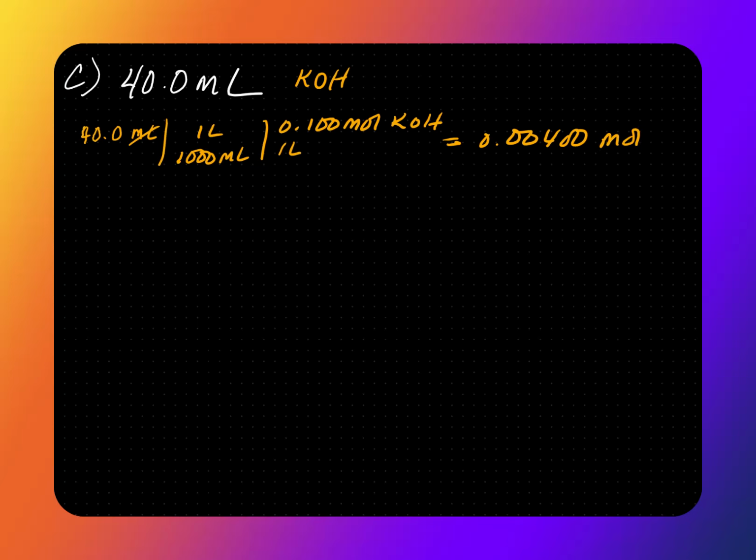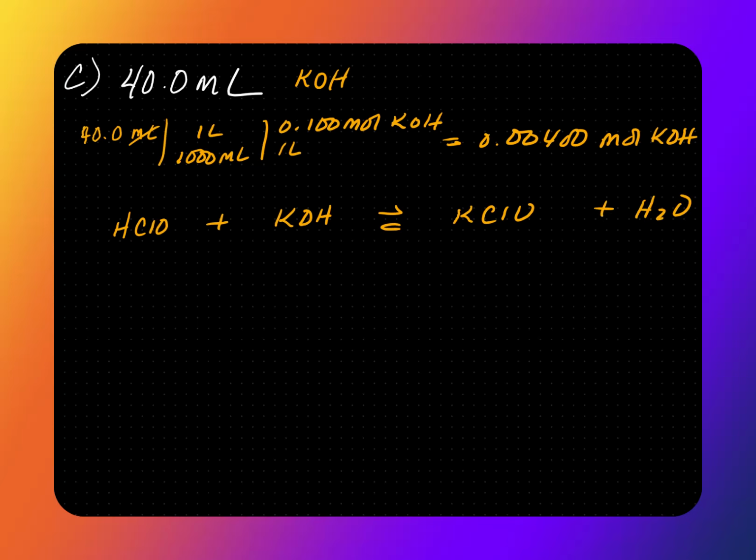So we're adding 0.00400 moles of KOH. My BCA table equation is acid plus base. My acid for this equation is HClO. My base here is going to be KOH. Double replacement, so it's going to be KClO plus H2O.